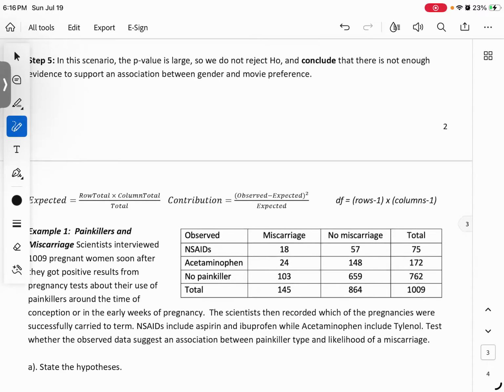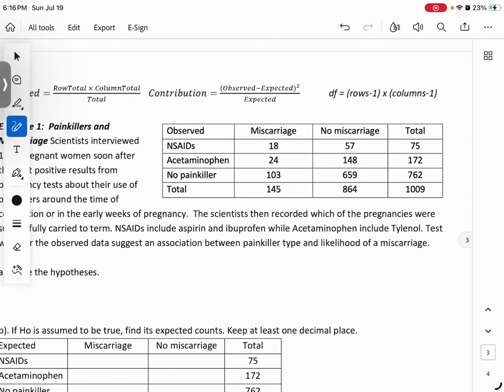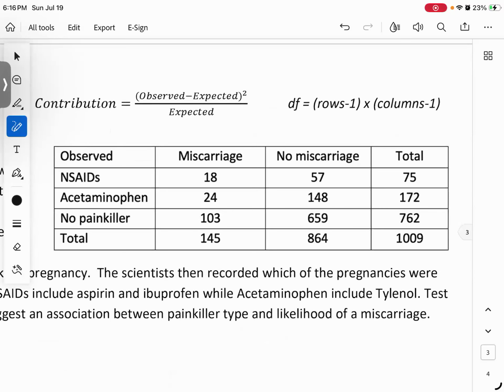So now, with that, I want to get us into actually doing an example for ourselves that has nothing been done yet. What they're doing here is giving us the data for a study where they had women who some experienced a miscarriage and some did not experience a miscarriage.